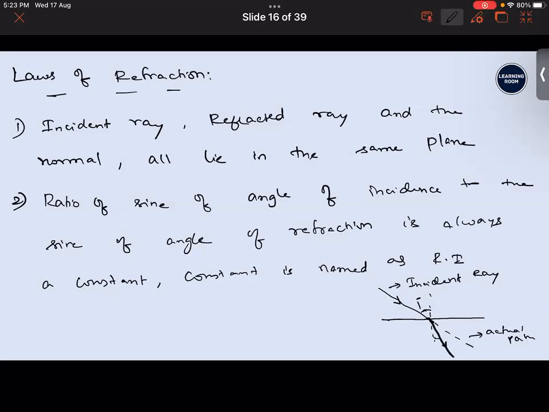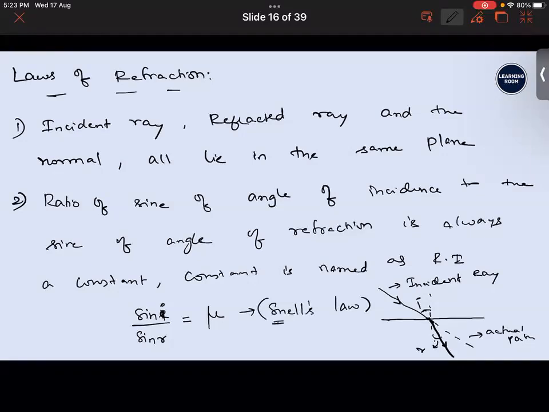For instance, if it is bending towards the normal, let me call this angle R. Then according to the above statement, sin I by sin R is equal to mu. And this law is called Snell's law. Are you able to understand?